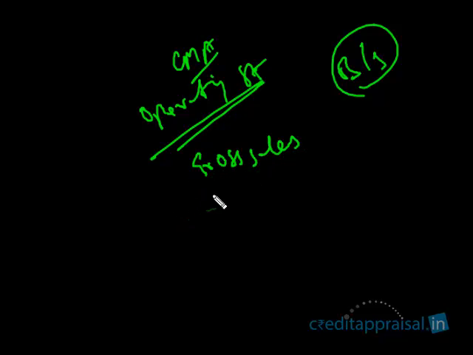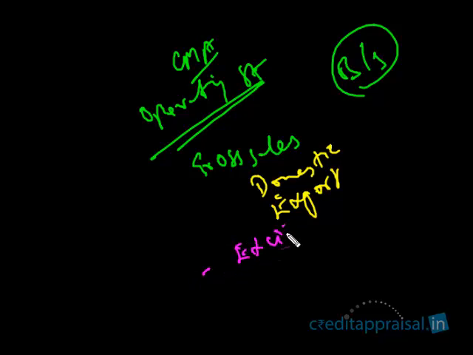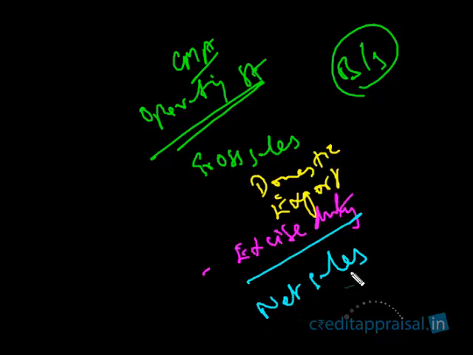Sometimes this is broken down into two heads, that is the domestic sales and export sales. This provides further information to the bankers. Then we subtract excise duty, and what we finally arrive at is known as the net sales. This is what we'll actually see in the CMA data.